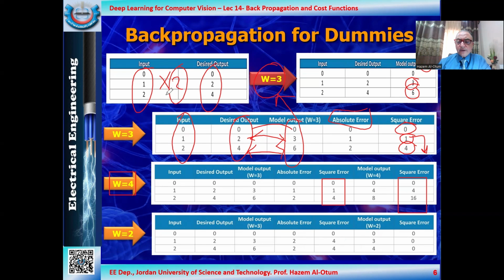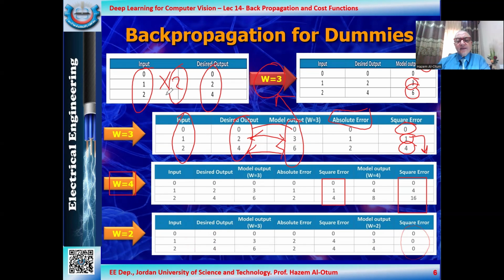So the square error will be 0, because 0 minus 0, 3 minus 2, and 4 minus 4. I think this value must be 2 in the table, because we multiply by 2. So our final error will be 0.